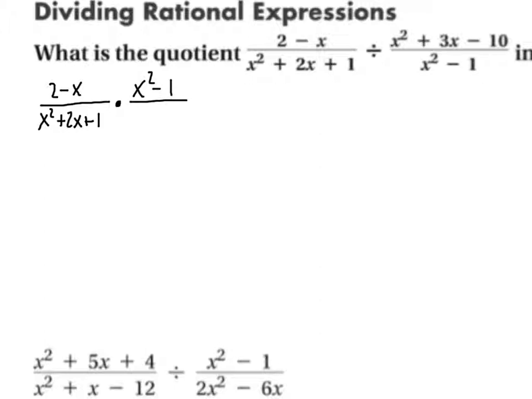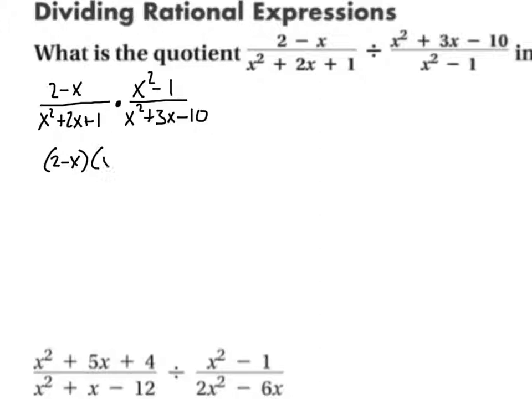X squared minus 1 over x squared plus 3x minus 10. Okay, and right there we're pretty much done with the division part of this problem. Because now we've rewritten it as a multiplication problem, and so now this has worked exactly like the previous two problems we've done.